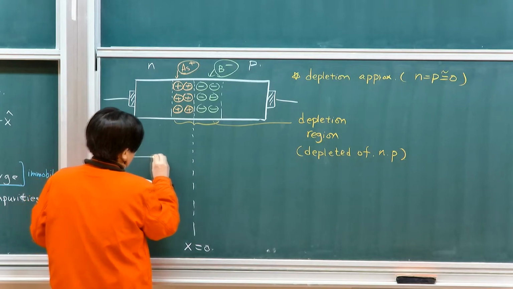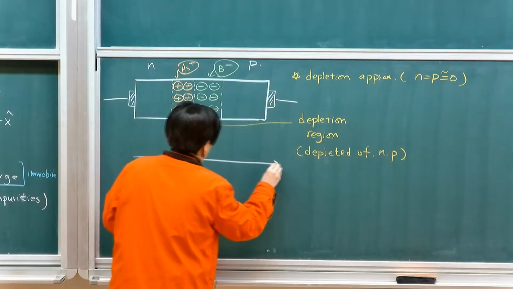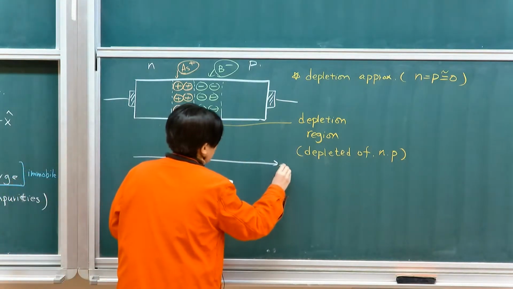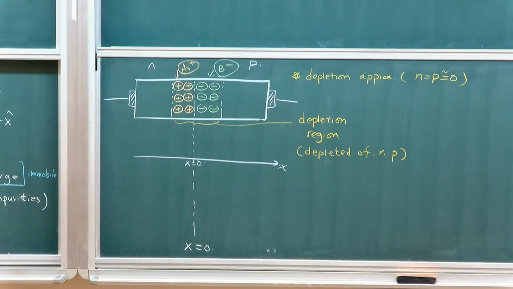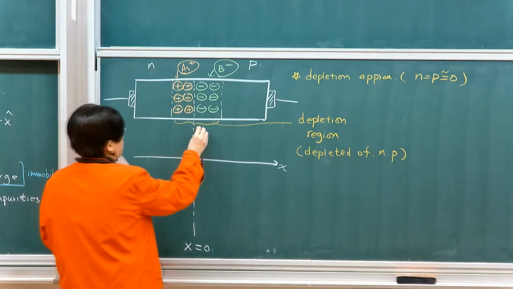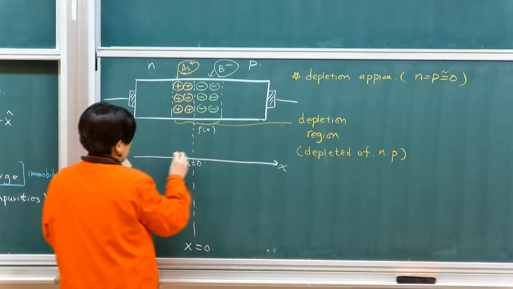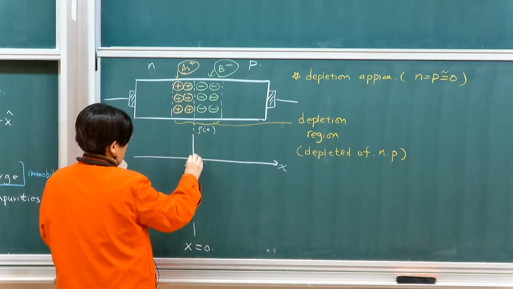If I want you to plot the charge density along x, with x equals 0 here, you will see something like this.